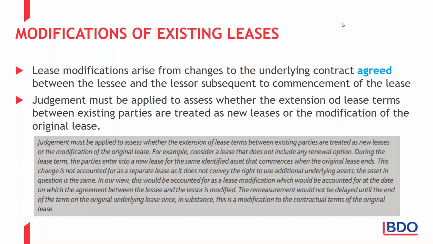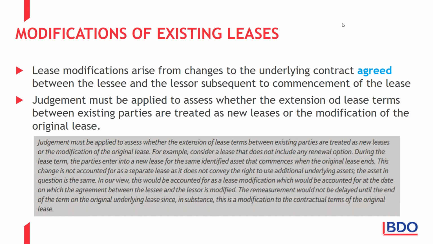I've also included a section from our IFRS in practice on IFRS 16, which specifically addresses the situation. In the second paragraph, we say, during the lease term, the parties enter into a new lease for the same identified asset that commences when the original lease ends.